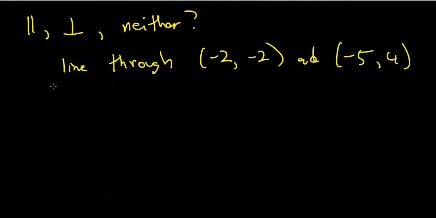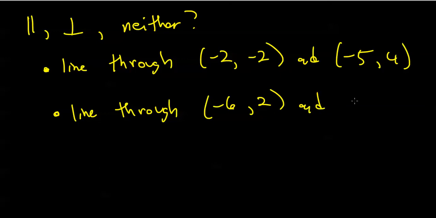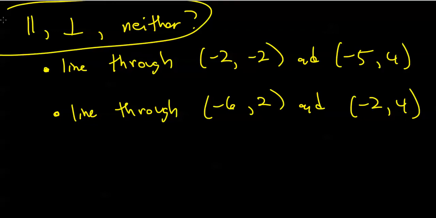Let's give you another, different line, through -6, 2, and -2, 4. Determine if these lines are parallel, perpendicular, or neither.